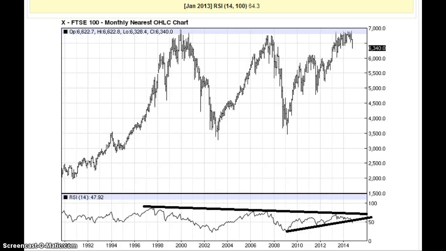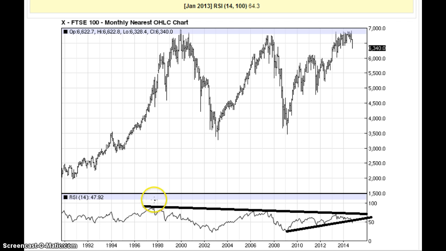And this is my last graph of today. Again, the FTSE100 index shows trading since 1990 or even 1989. What I want to pay attention to here is the decline of the RSI since 1997 and thereabouts.